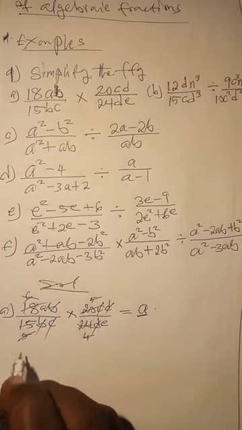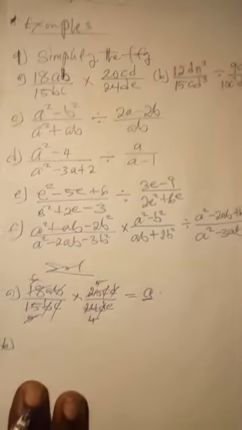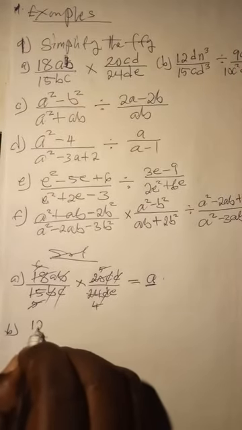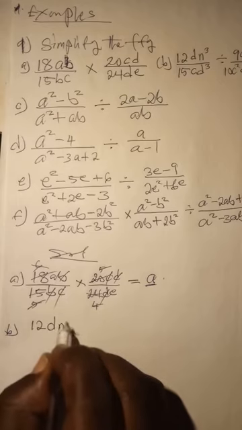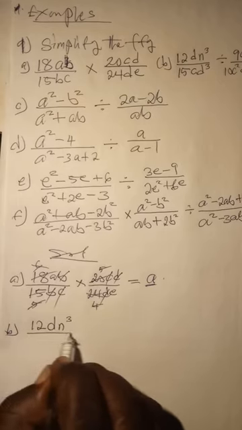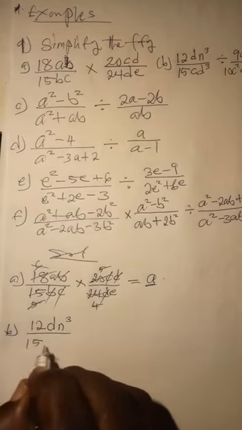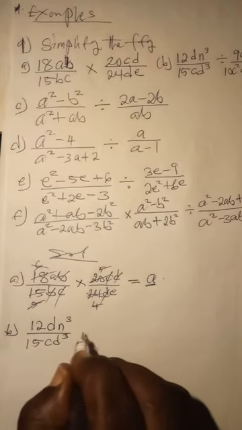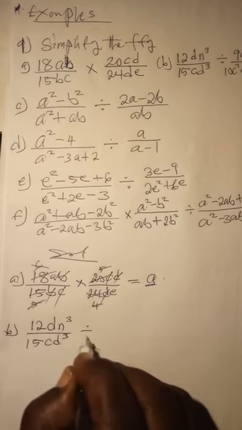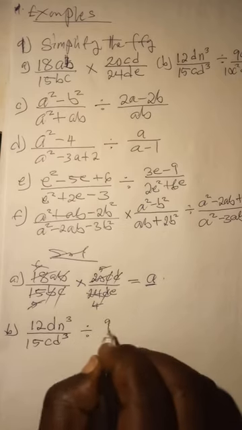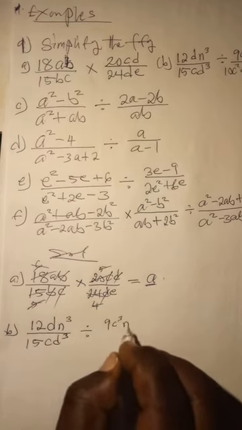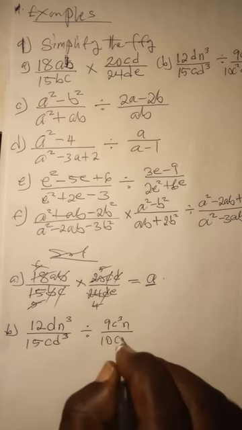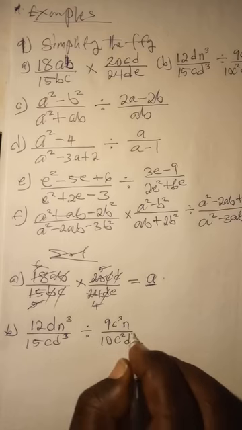The next one, B. In B, we have 12dn cubed over 15cd cubed, divided by 9c cubed n over 10c squared d squared.